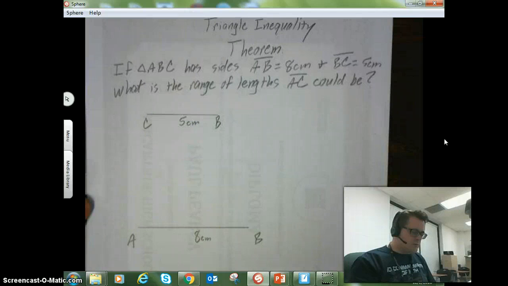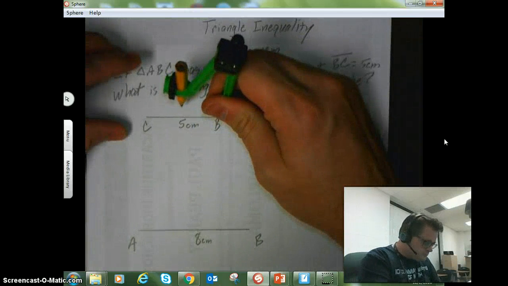Now, what we're trying to do is determine what lengths the third side could be.